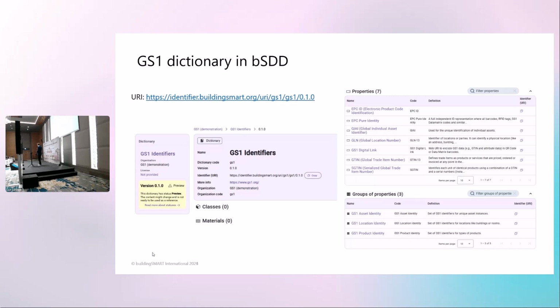In simple terms, it's just a data dictionary containing definitions of 7 identifiers, 7 properties, explaining precisely how this data should be captured in a BIM model. So it's adding this additional layer of precision on top of the GS1 standards.